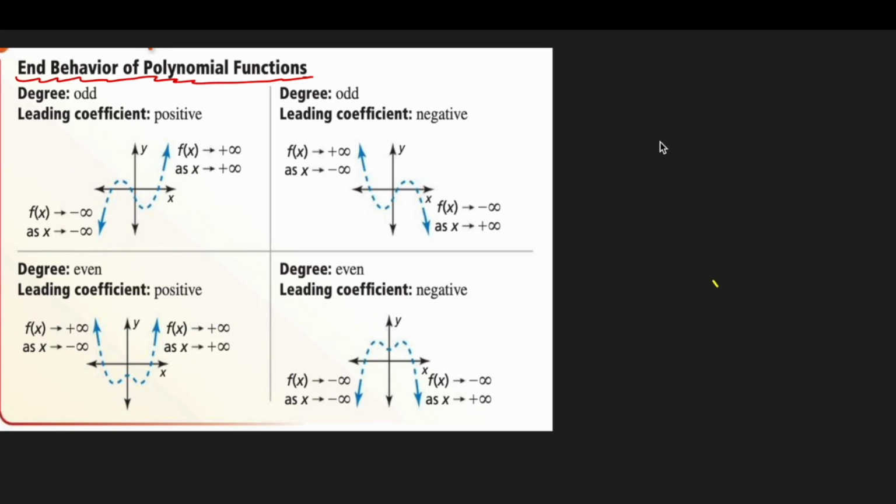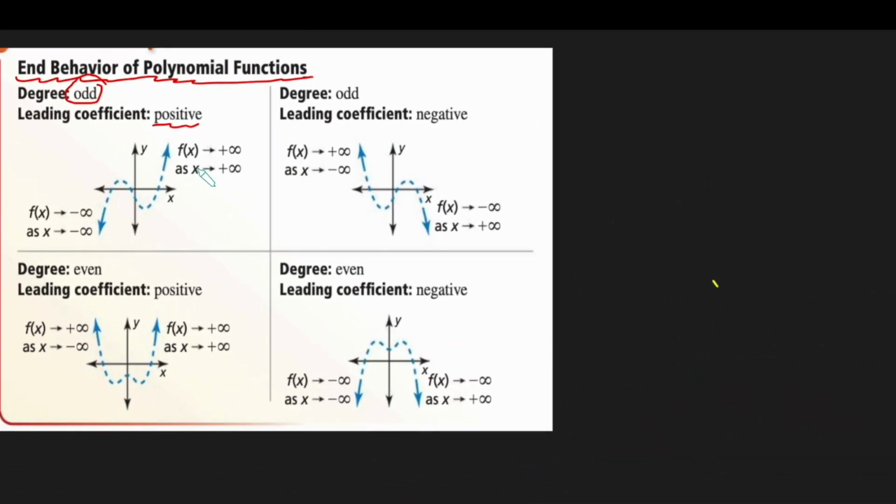So the first part, we're going to look at odd equations. So an odd equation with a positive leading coefficient. If you look, you would see that x is going toward the positive. We can say that x is approaching positive infinity, and y is approaching positive infinity as well.